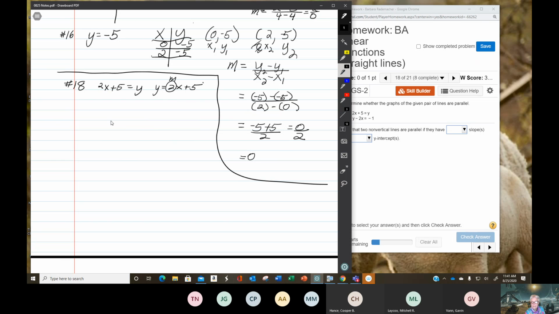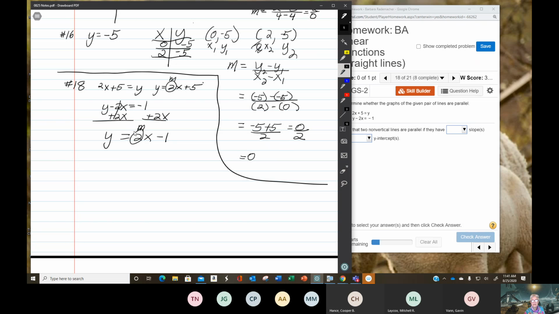Now let's go over here. y minus 2x equals -1. To get this in slope-intercept form, I add the 2x to both sides. y equals 2x minus 1. The slope is 2. Yes, they're parallel.